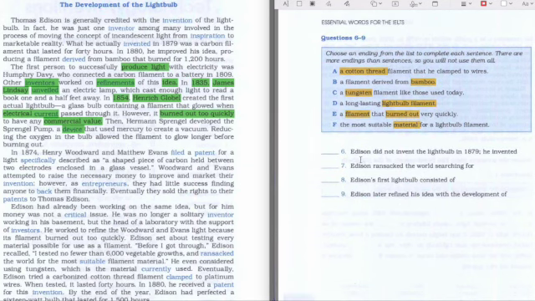Question number 6. Edison did not invent the light bulb in 1974. He invented it in 1879. So we're going to scan the text and try to find any information about Edison.